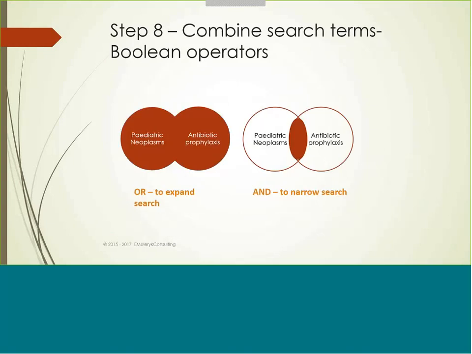Of course, Boolean operators, Venn diagrams from geometry days, we can't get away from them. Remember that OR is more. So if you're ORing terms together, you're asking for everything on either one of those terms. When you're ANDing, you're intersecting the circles. And quite often, when you're typing it in quickly, you're going to type in AND when you really mean OR, or vice versa.